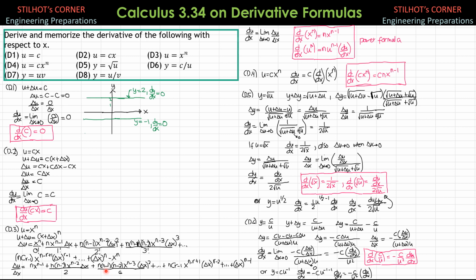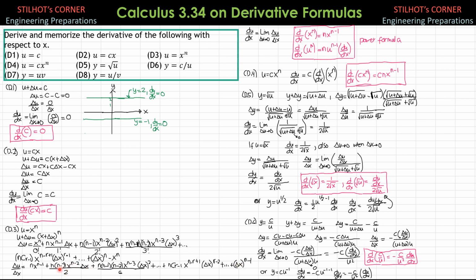Then copy n minus 1, n minus 2, x to the n minus 3, delta x squared, then plus dot dot dot, nCr-1, then x to the n minus r plus 1, delta x to the r minus 2, n minus r, delta x raised to r minus 1, so r minus 2, then plus dot dot dot delta x to the n minus 1. So all terms from the second to the last have delta x.